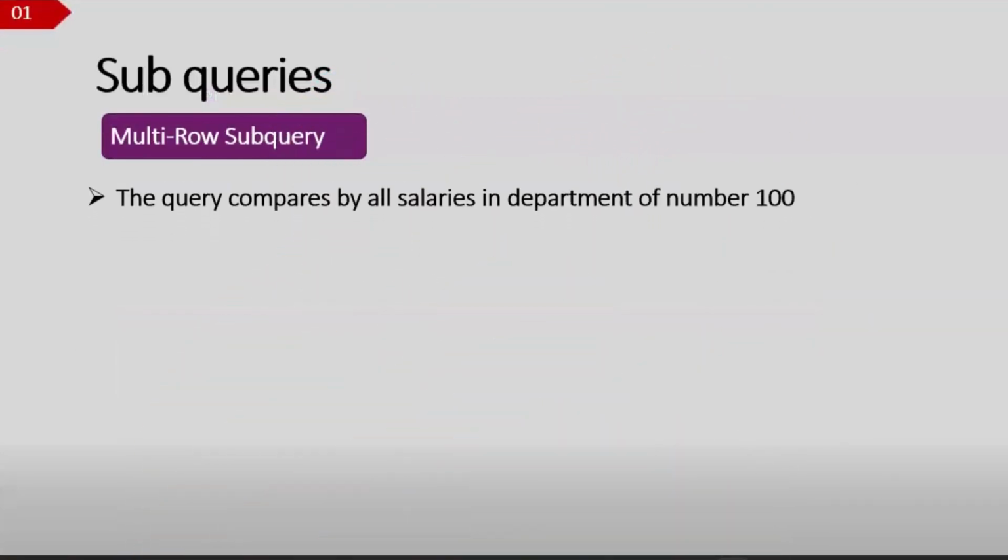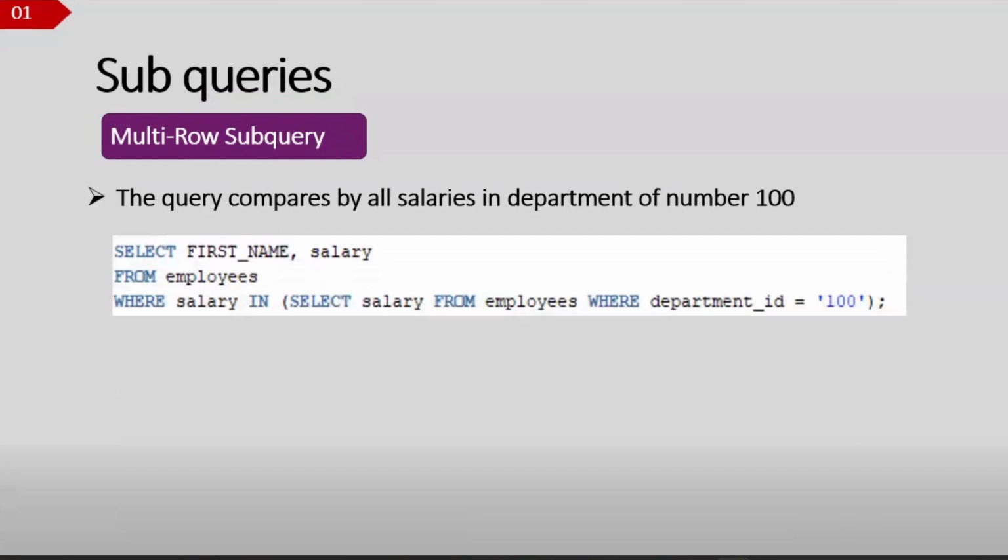Multi-row subquery. If you want to get more than one row in the same subquery, how do we do that? The same manager asked you to get all the employees whose salary is equal to any salary in the department with ID 100. What do you do? Easy. You select the first name and salary from employees where salary in. Why not equal?